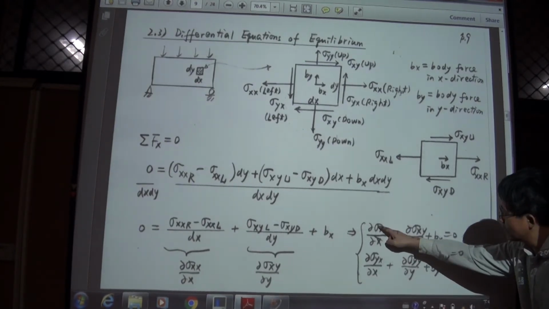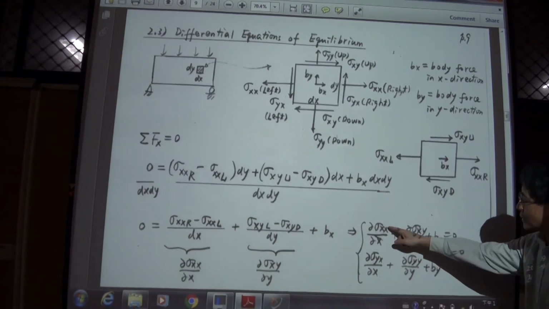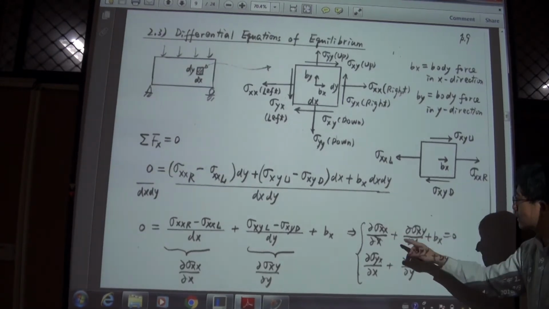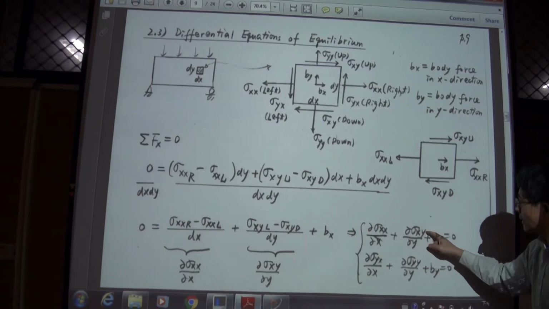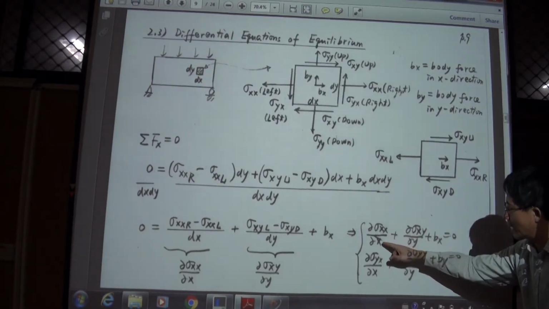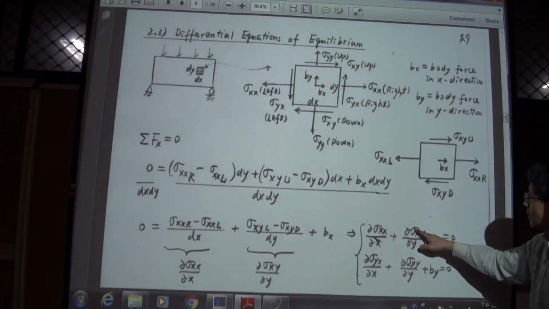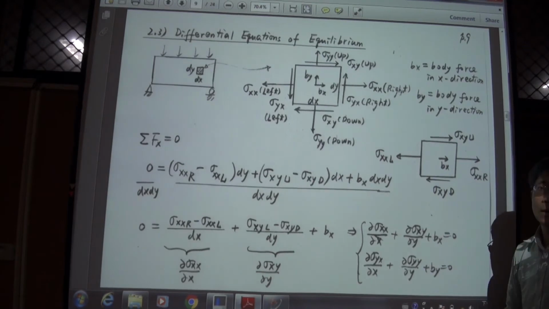Again, we have x in the first index. How about the second index? x, y. See, upper side, right; lower side, right. So we first write down x, and then sigma xx, xy.